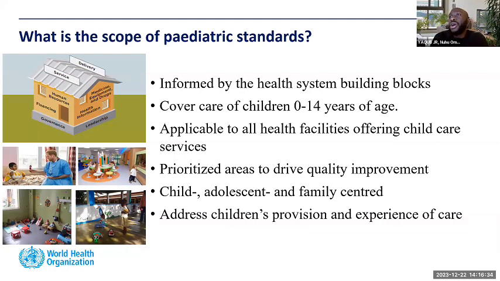It is applicable to all health facilities, so it's not just for hospital level or primary healthcare level. Any facility that is providing child health services can apply the standards to set criteria or to improve quality of care. And it's child and adolescent friendly, and also, as I said earlier, addresses both the provision and experience of care.